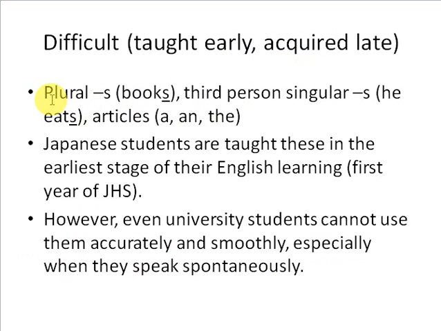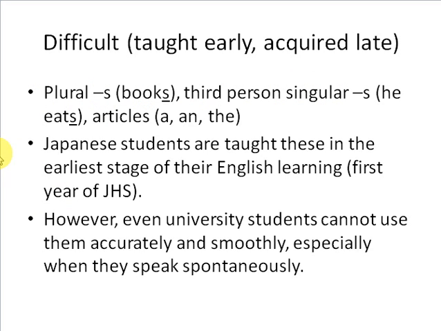So here we have some grammatical items that are difficult. So here difficult means even if they are taught early, they will be acquired very late. Plural s, and third person singular s, and articles.